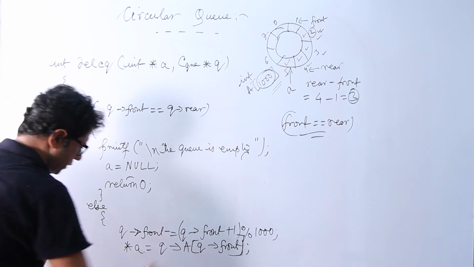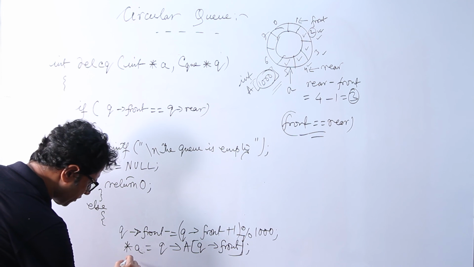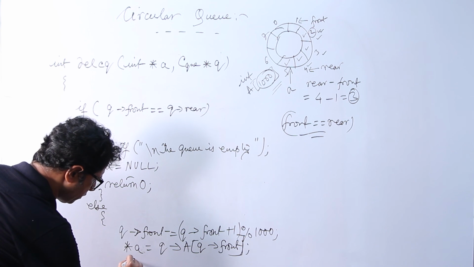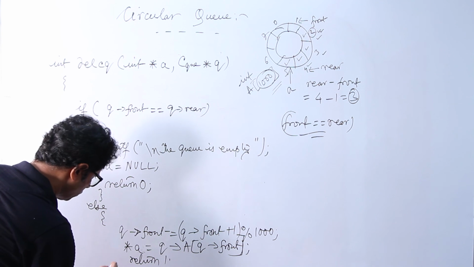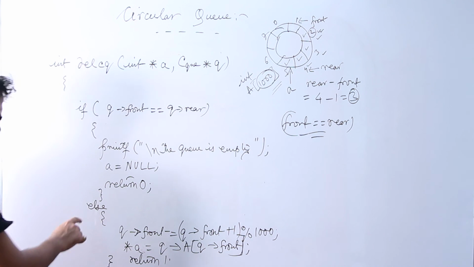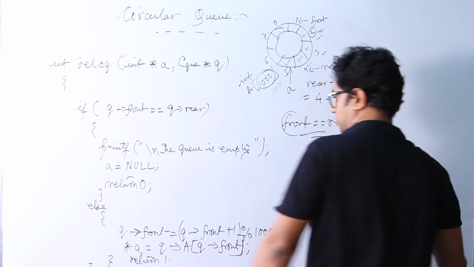After this, since it is a successful operation, we will return 1, end the else block, and after that end the function.